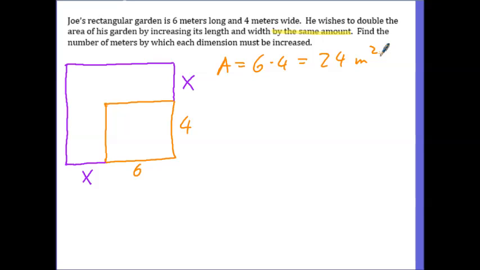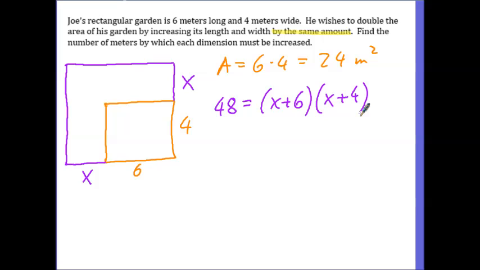And instead of 24, we want the double. We want 48. So 48 has to be the product of the length, which is x plus 6, times the width, which is x plus 4.